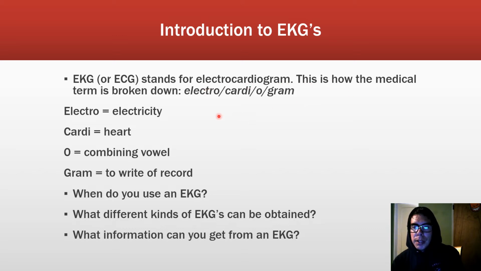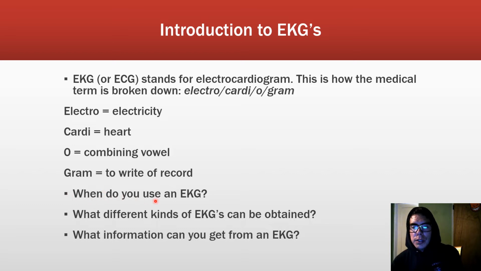In medical terms, if we break that down, electro means electricity, cardi means heart, O is a combining vowel, and gram means to write or record. A lot of medical words are interpreted backwards, so when you do it that way, it's a recording of the heart's electricity. I don't know where the K comes from. It makes no sense, but whatever.